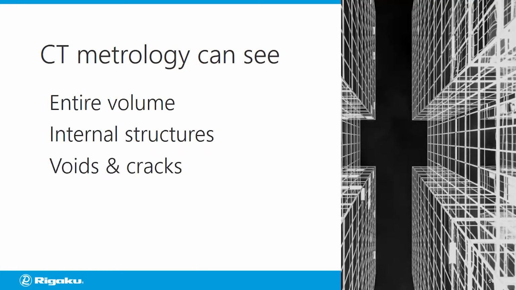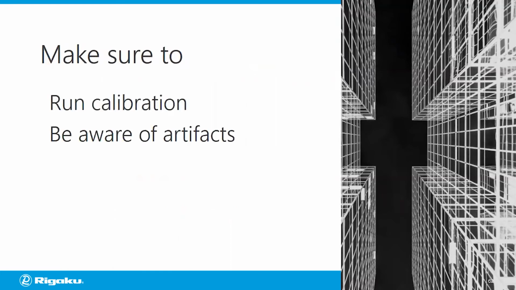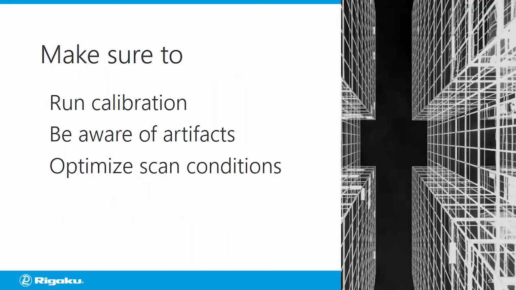And by doing appropriate calibration, you can achieve 10 microns or better accuracy. And when you do use CT for metrology, make sure to run the calibration and always be aware of artifacts and optimize scanning conditions as necessary.